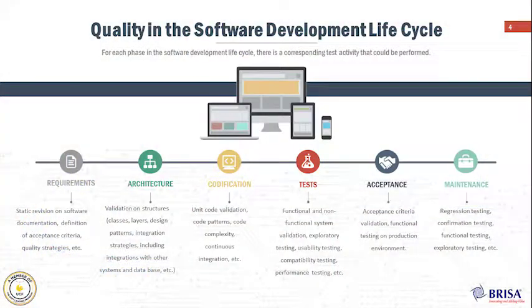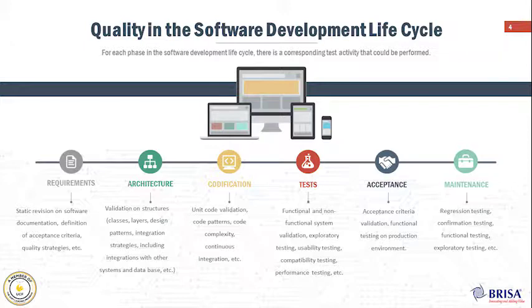When the software team is discussing the requirements of the system, the requirements must hold all the information that will be necessary to understand the system, to develop the system, and also to test the system.